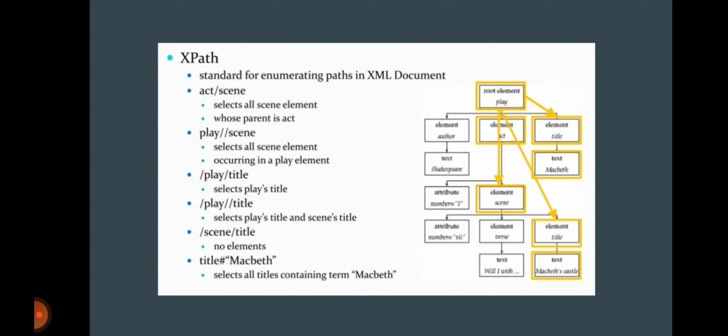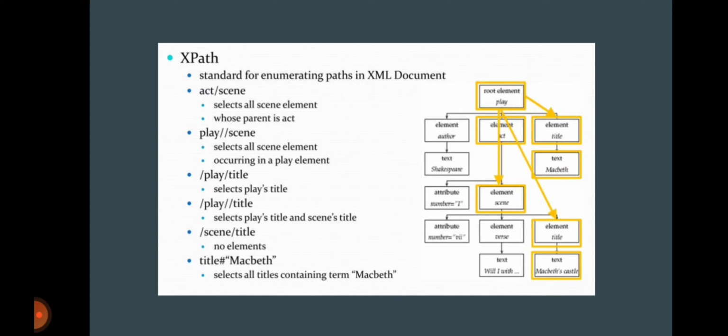Here we can see some XPaths. The first one is act/scene, which selects all the scene elements whose parent is act. The second one is play/scene, which selects all the scene elements occurring in a play element.